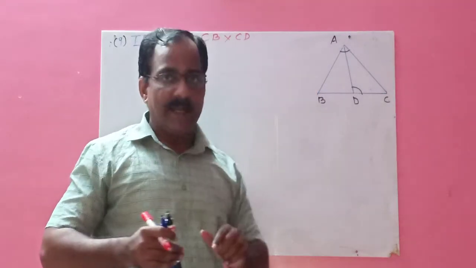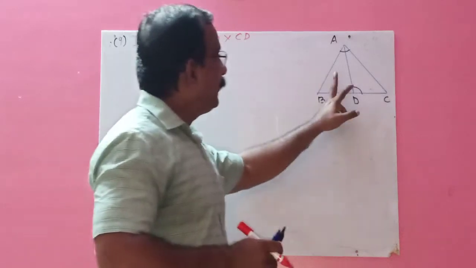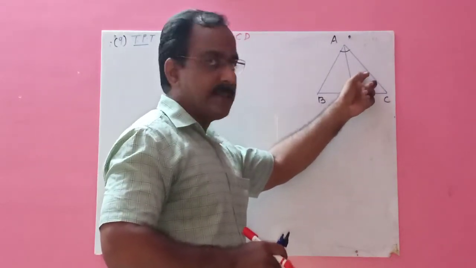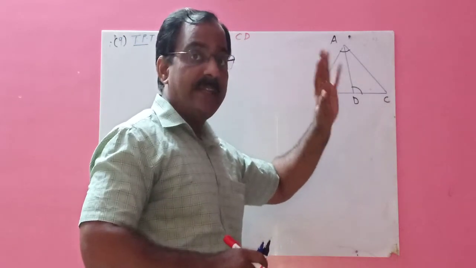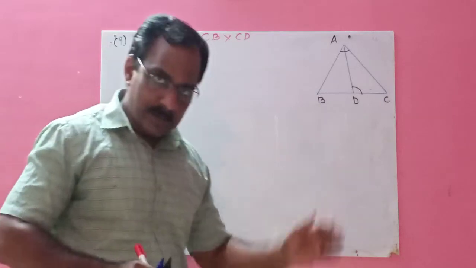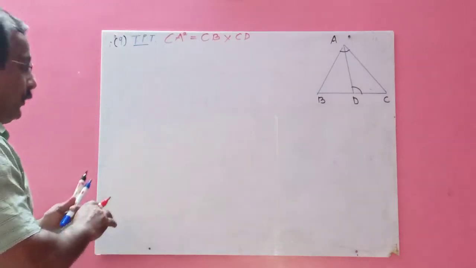So this is the idea behind this sum, how to get this answer. Try to prove this bigger triangle BAC and the smaller triangle ADC similar, because these two triangles have the side CA. You get the sides in proportion and cross multiply. Just see how you will do this one.